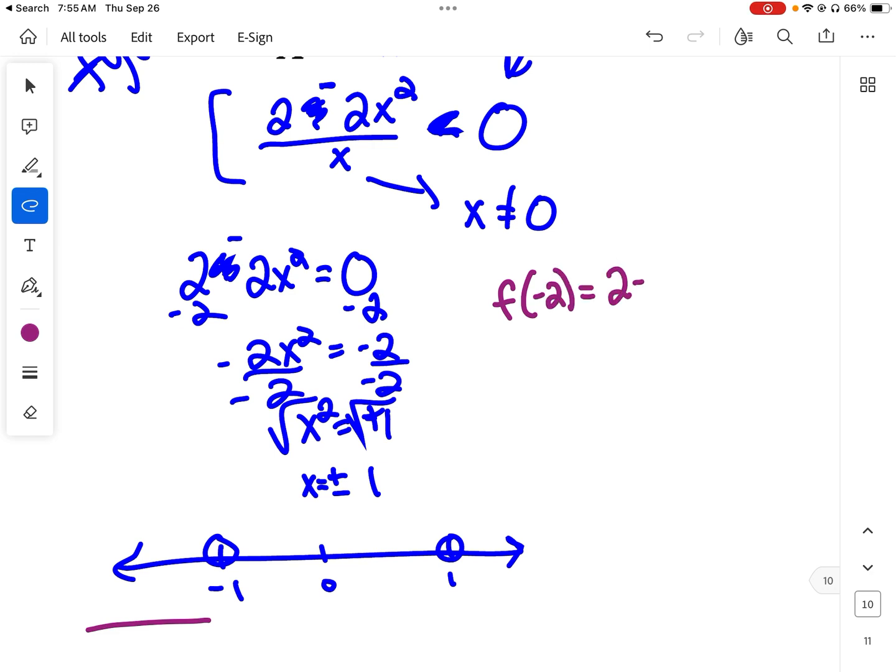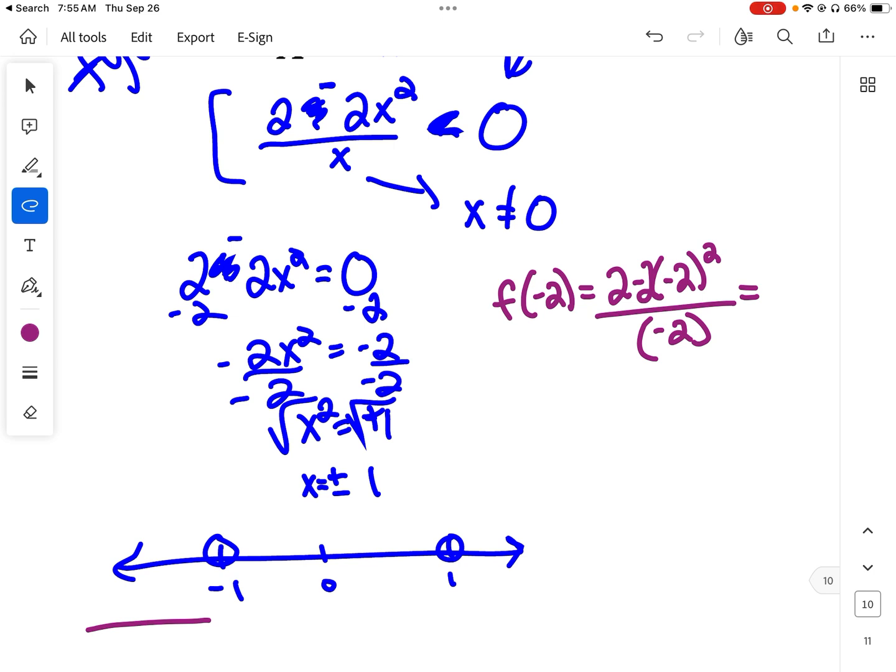So that'd be 2 minus 2 times -2 squared over -2.